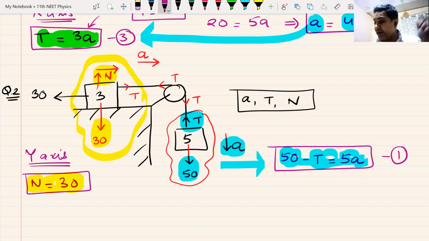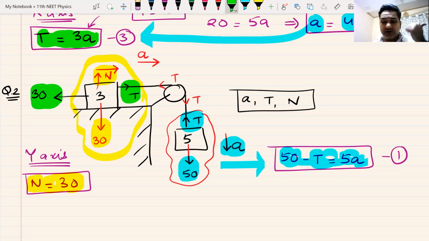Then we are going to make the second equation, the green one. For the green equation, you can see T is rightwards, and 30 is leftwards. But remember, acceleration is forward.